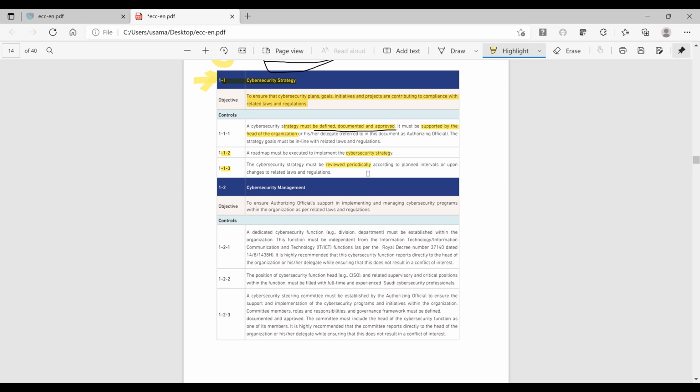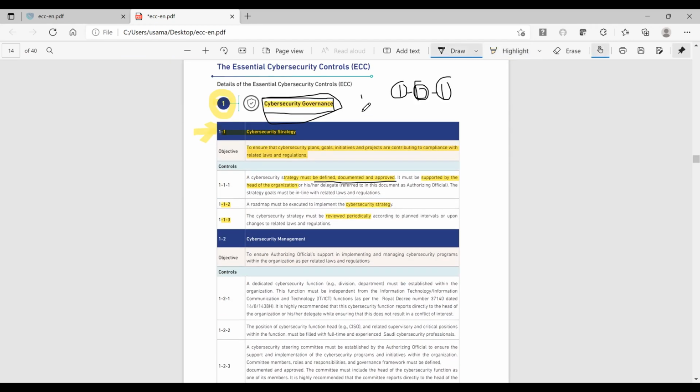Because in security management, my friends, we follow the concept of PDCA. Did you hear about this before? It's called the PDCA cycle. What is it?